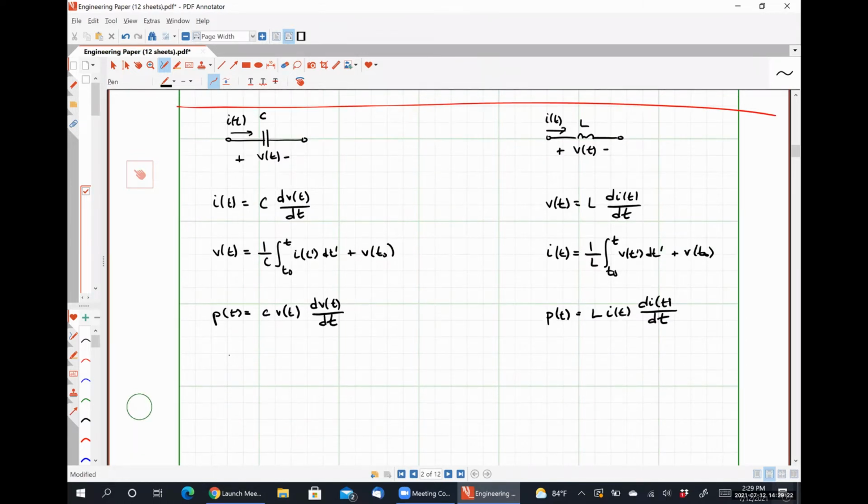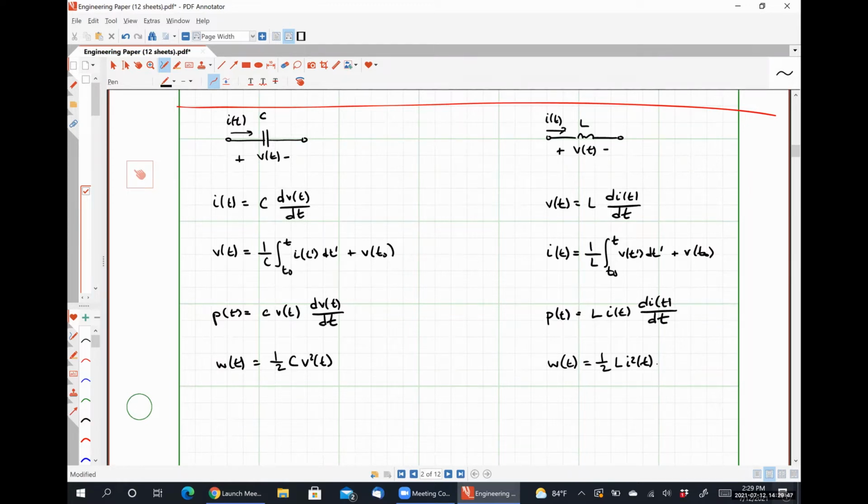And finally, we have our energy relationships. W is equal to 1/2 C V squared for capacitors, and W is equal to 1/2 L I squared for inductors.